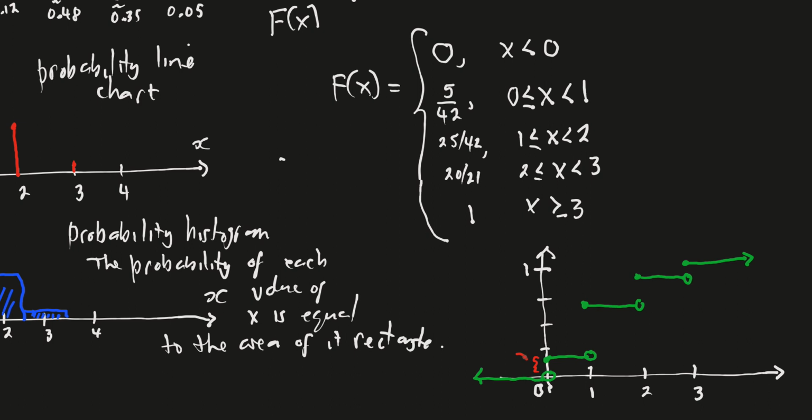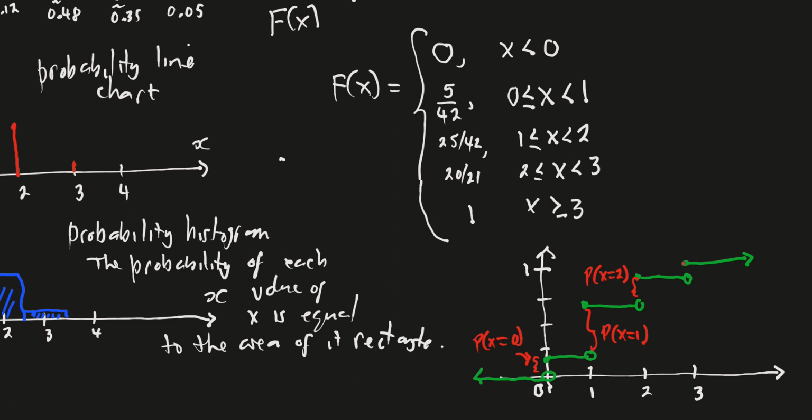But that jump there is the probability that x is equal to 0. This jump here is the probability that x is equal to 1. This jump here is the probability that x is equal to 2.